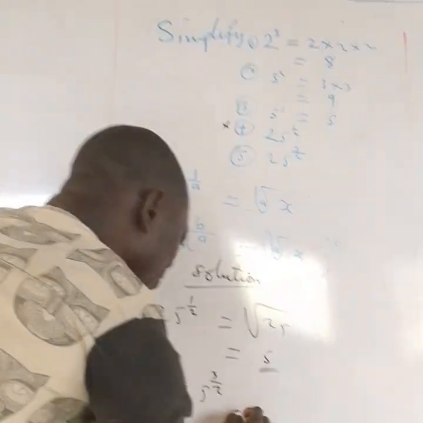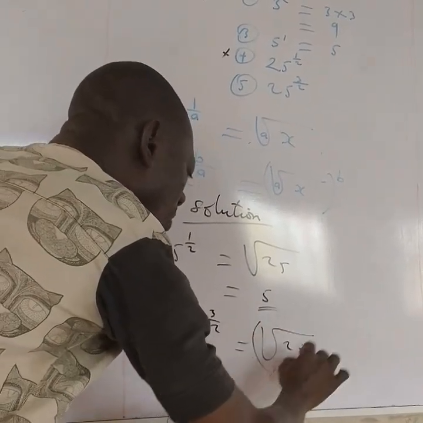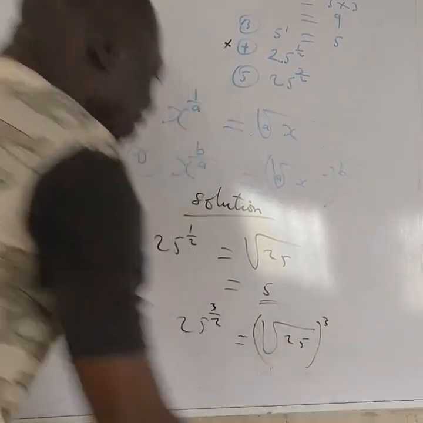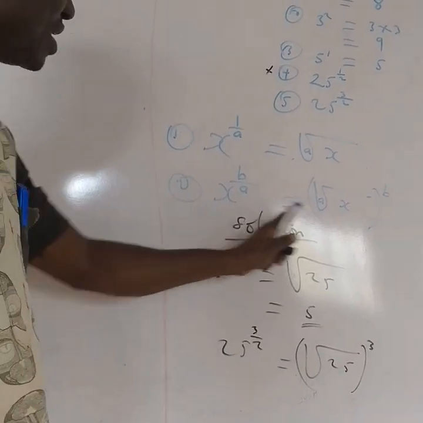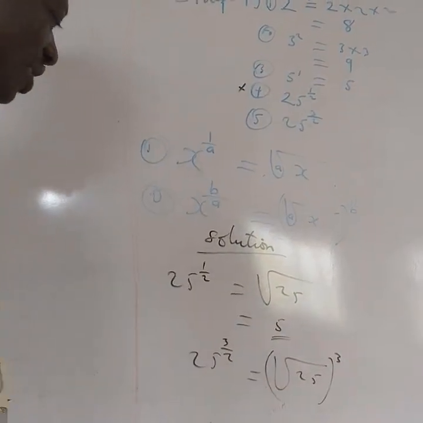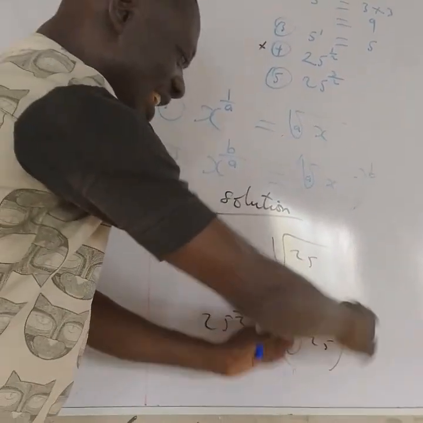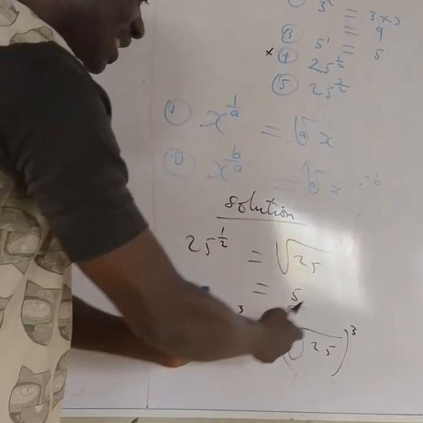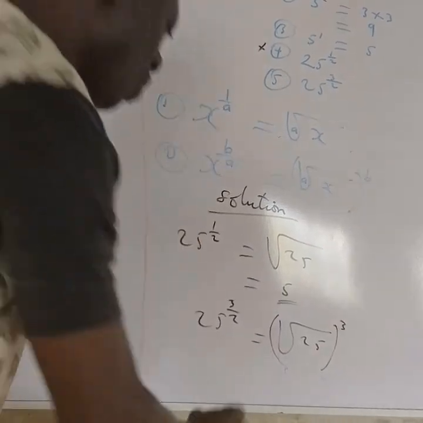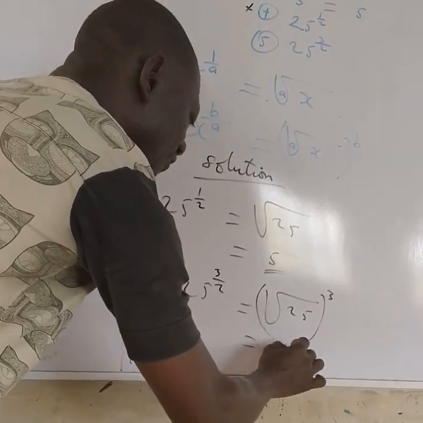In this case, it's going to be equal to the square root of 25, all raised to power 3, in accordance with the second law here. It is now this that we are going to simplify. So again, what is the square root of 25? The square root of 25 is 5.